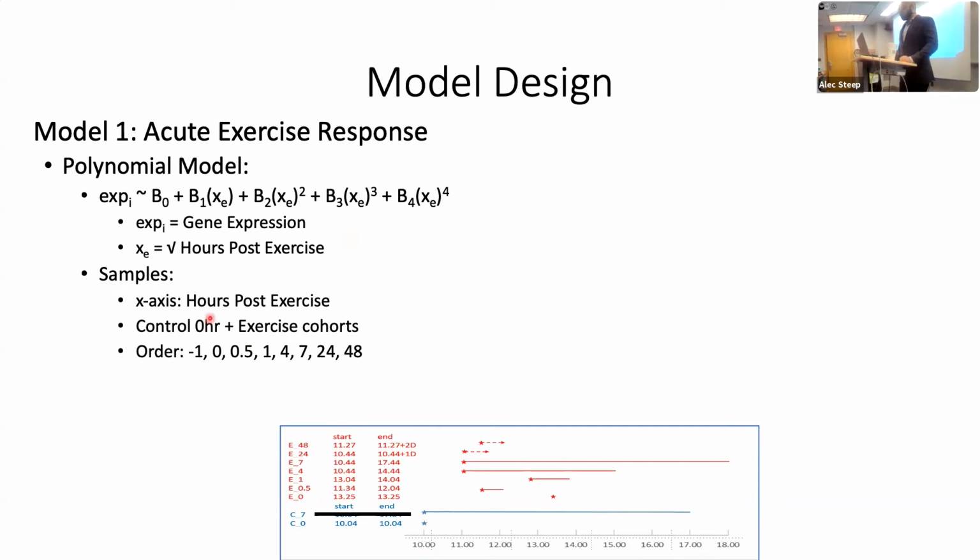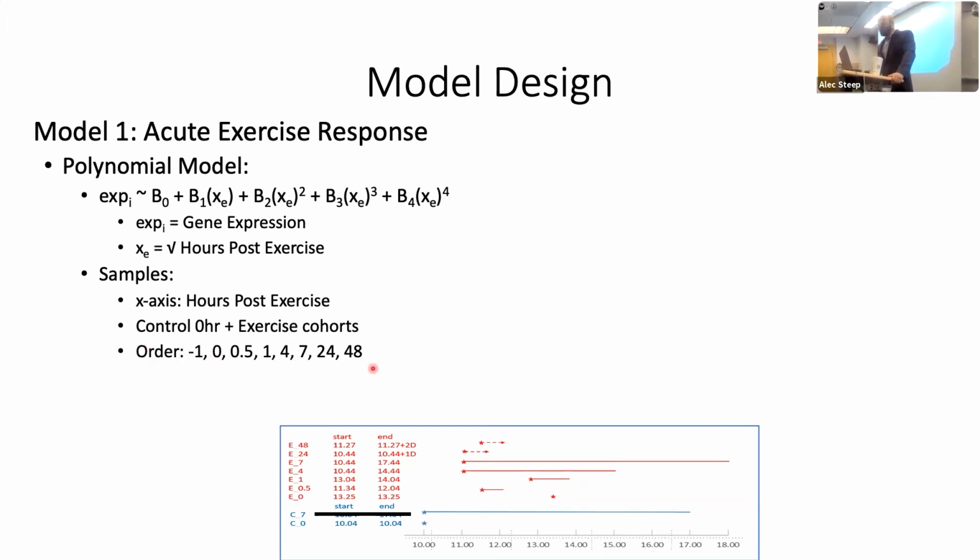So on our x-axis, we have hours post-exercise. We're using our exercise cohorts, but only one of those control groups. We're leaving one out almost as a test sample. And it doesn't really serve, as far as I can see, any use in performing the exercise model.